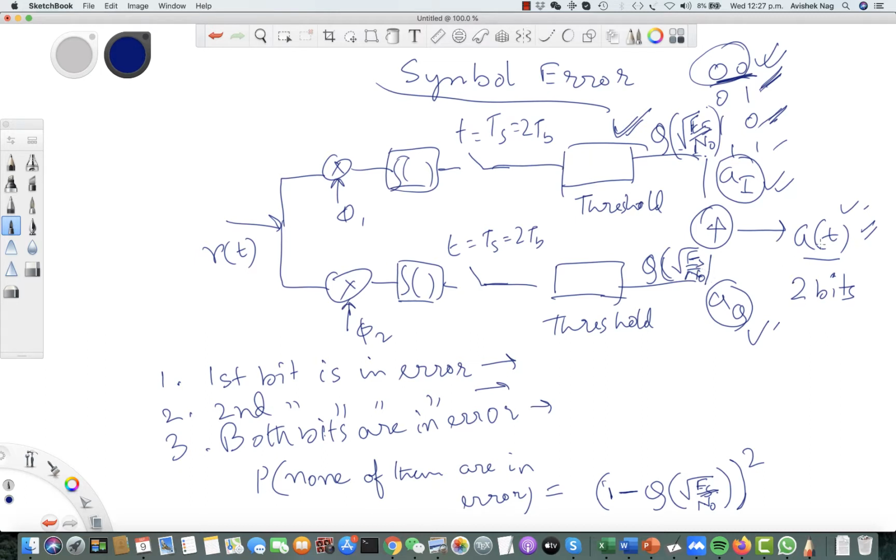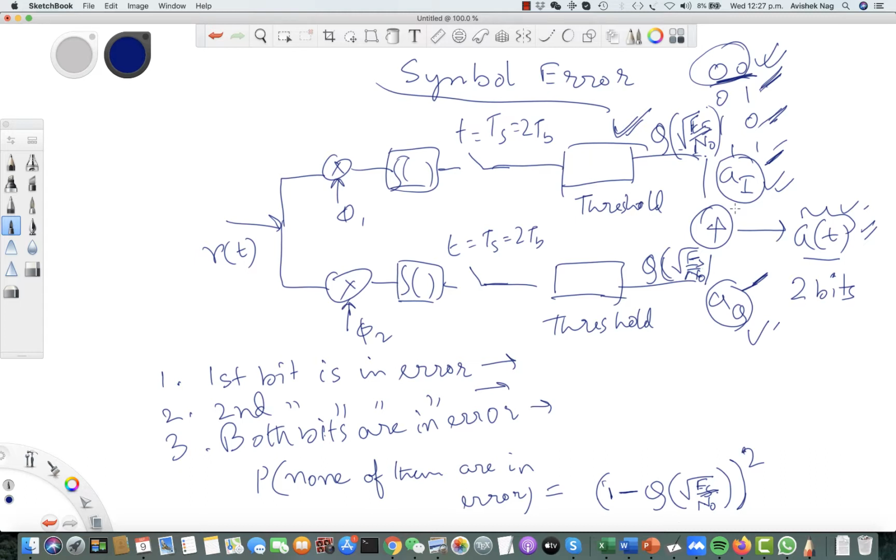So probability that none of the 2 bits that you are observing here are in error is the probability that there is no error in the in phase term and there is no error in the quadrature term, and that can be found out by 1 minus the error for the individual terms, and since they are independent they are multiplied twice and you get 1 minus this term square.